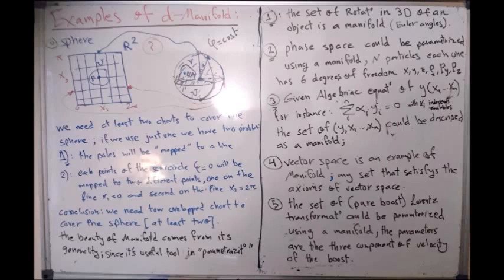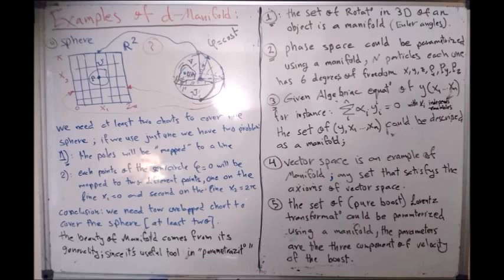Usually when we discuss n particles, each particle has 3 degrees of freedom in position and 3 degrees of freedom in momentum. So we have 6 degrees of freedom for each particle. So this phase space is also actually a manifold.